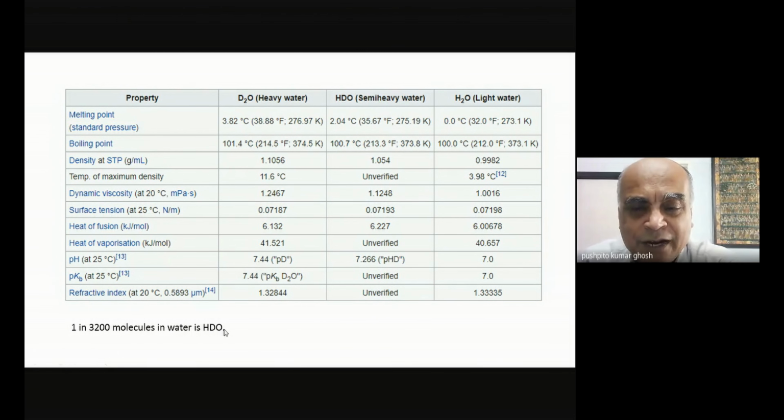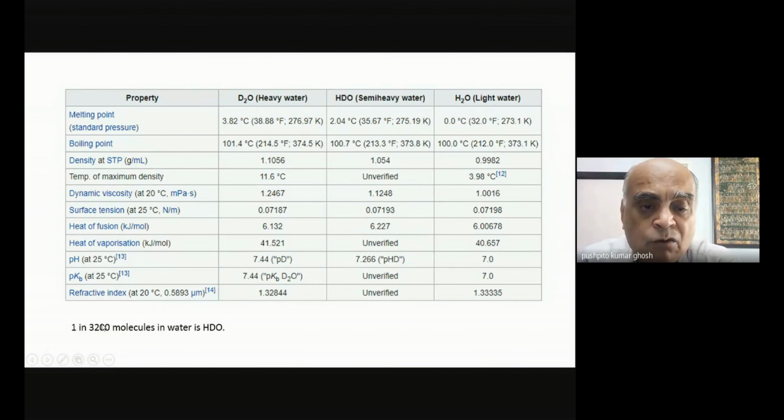I hope you can understand how small it is. It's not even 0.1%. It's less than that. And that is what you need to enrich.